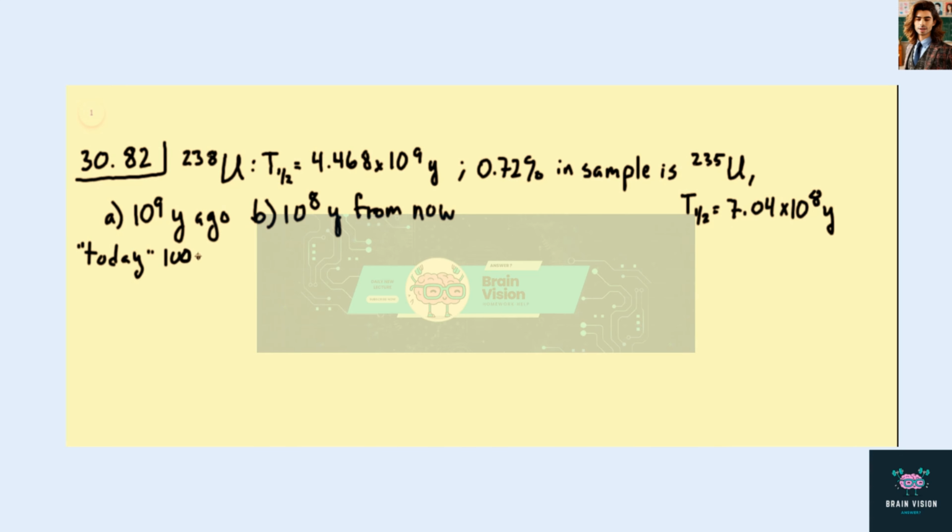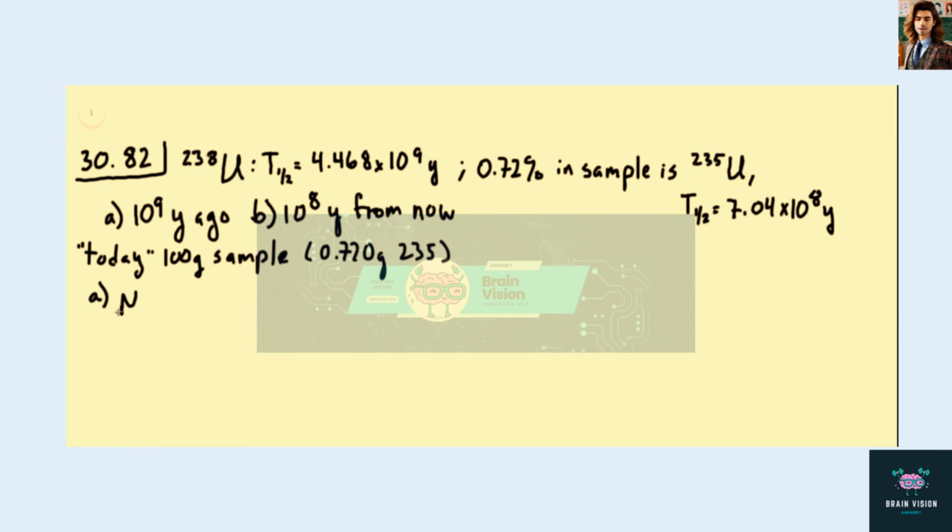So let's just say we have a 100-gram sample, and because at the end of each part we're doing a percentage, it doesn't really matter what arbitrary amount we choose. So 0.720 grams of the 235 today.